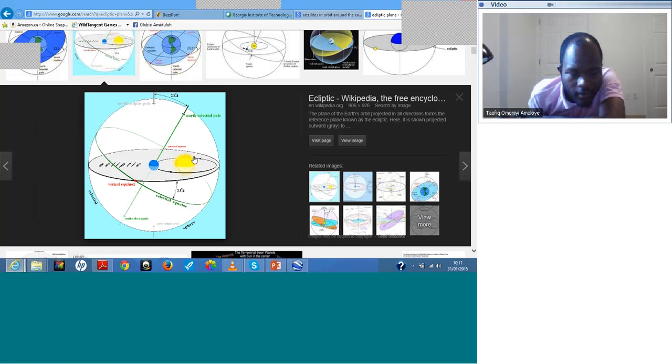Yeah, this one is, I think. So yeah, that's the ecliptic plane. And then here we'll see that the celestial equator is just parallel to the equatorial plane of the Earth, as we will see later on.